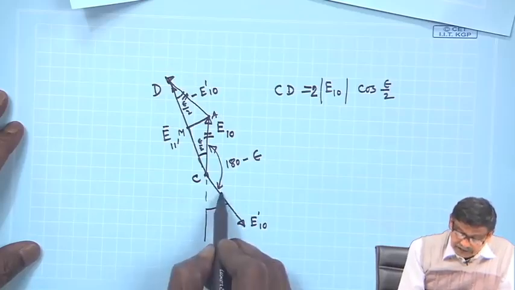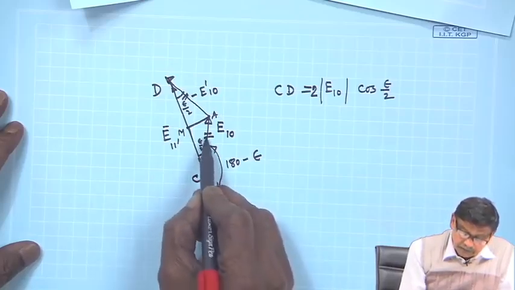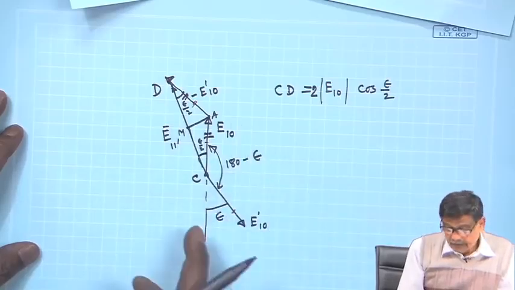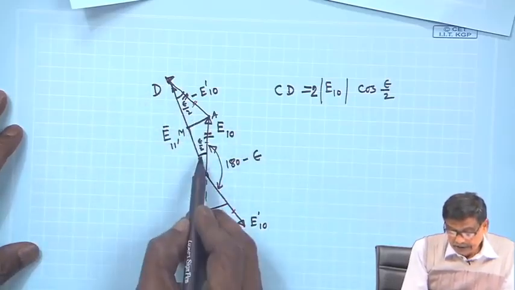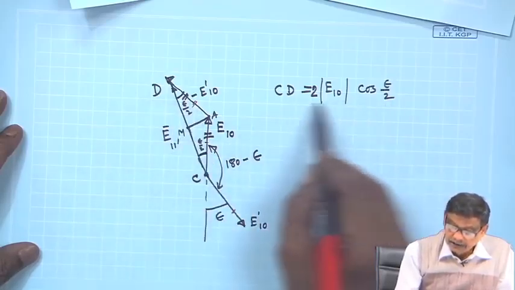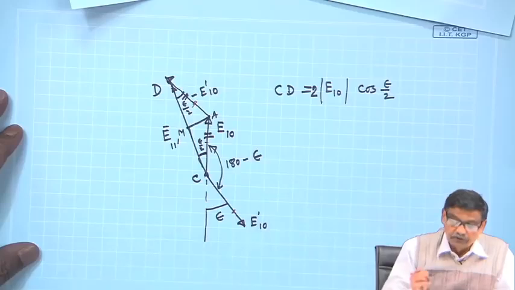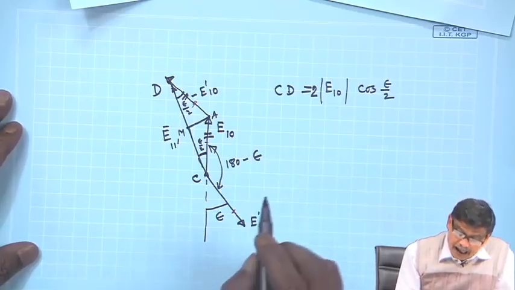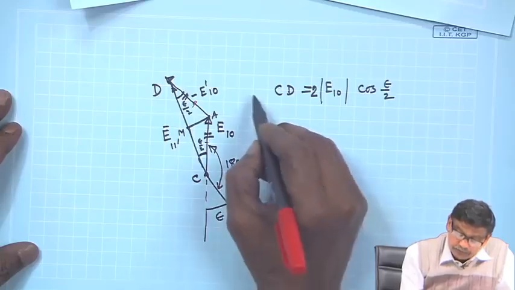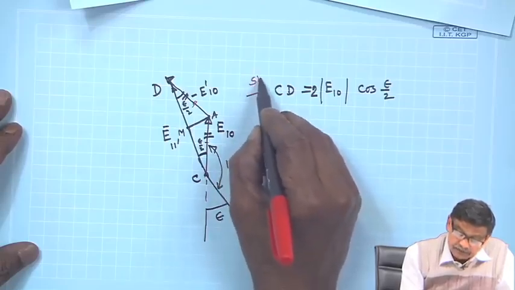These lengths are all equal, this length and this length are equal. By applying simple geometry, this is epsilon by 2 and the resultant voltage will be 2 E10 cos epsilon, for short pitched.